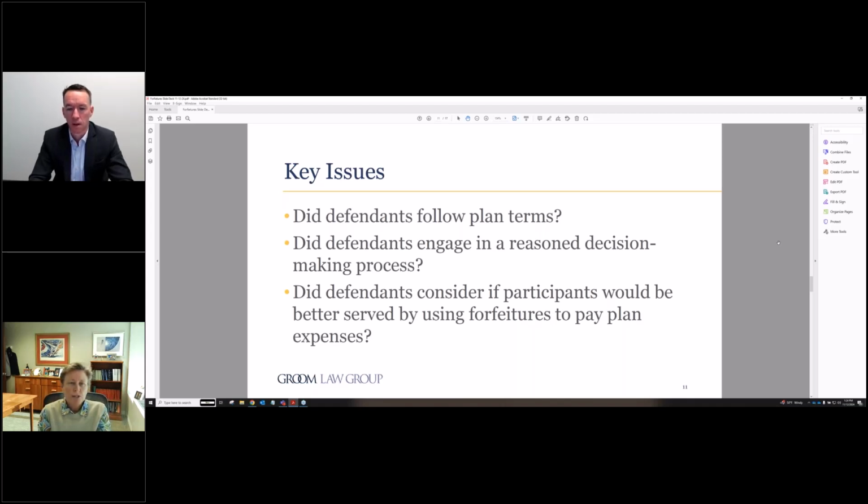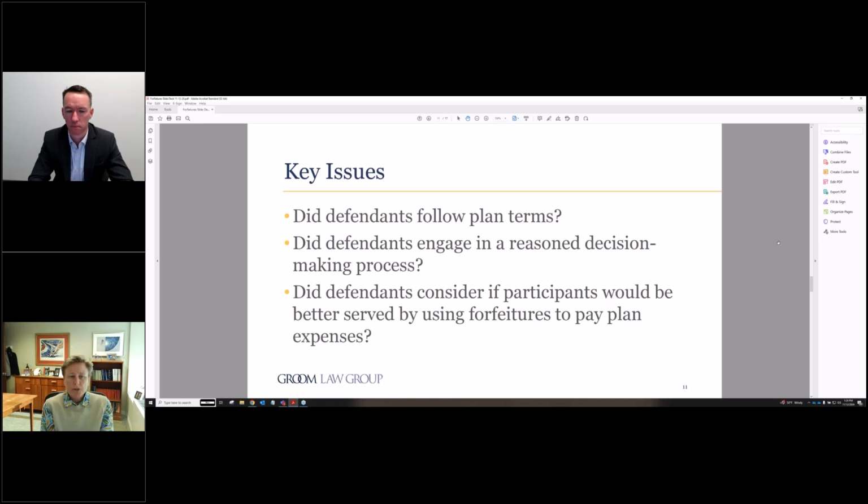If we use employer contributions to offset plan expense, if we use forfeitures to offset employer contributions, ultimately participants are getting exactly what they bargained for.